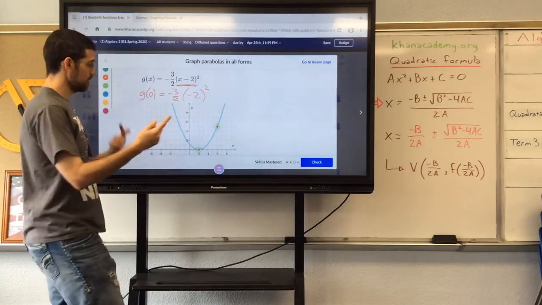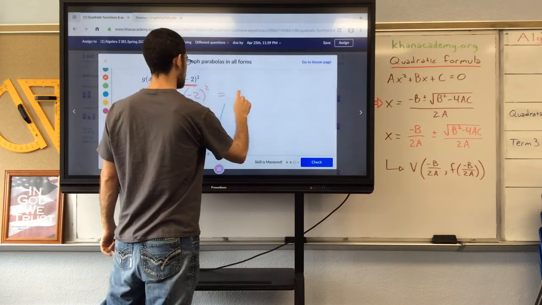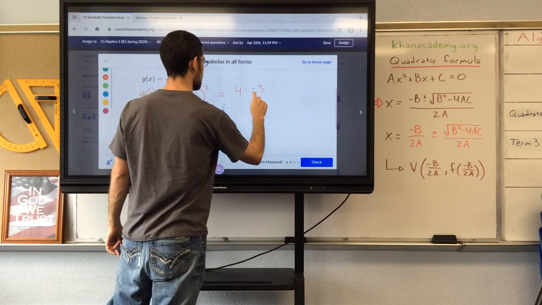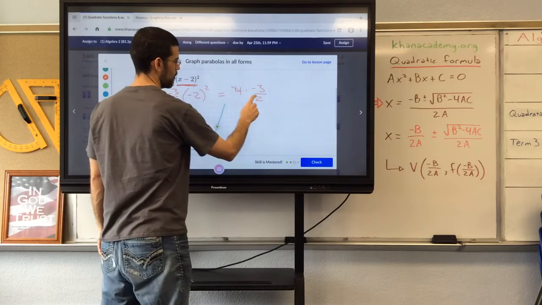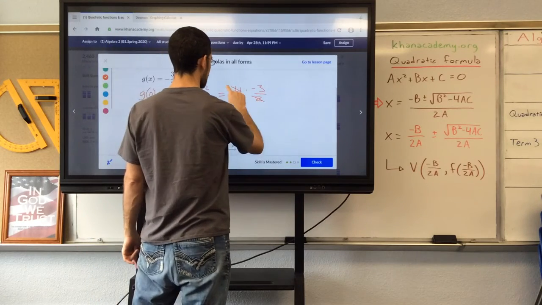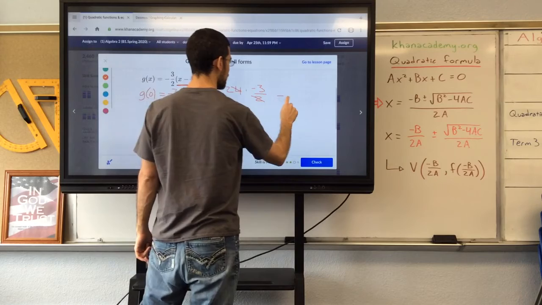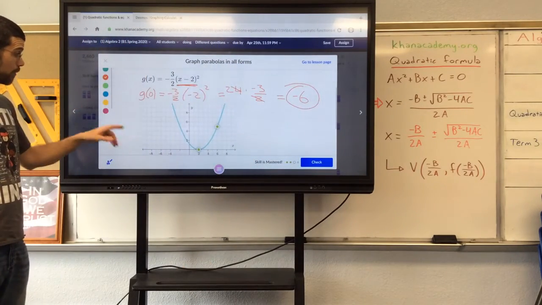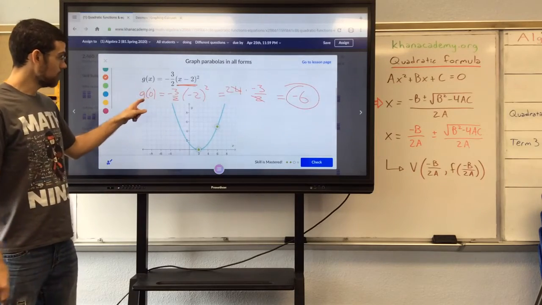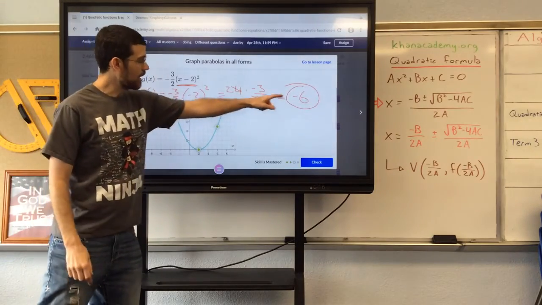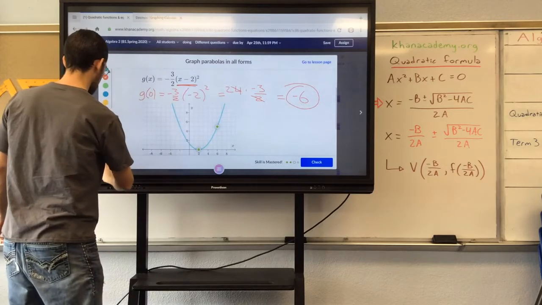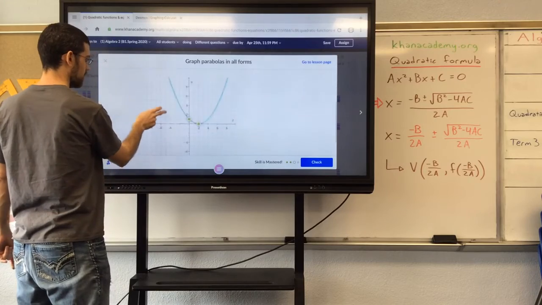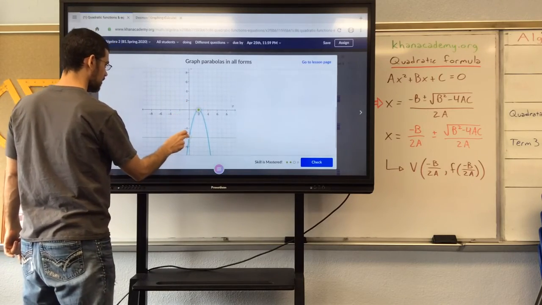Negative 2 squared is 4, so that equals 4 times negative 3 halves. 4 divided by 2 is 2. 2 times negative 3 is negative 6. So when x is 0, g of x is negative 6. I can plot that.